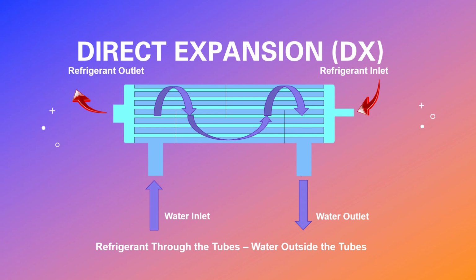The water, however, goes around the outside of the tubes, and because of baffles inside the evaporator, the water gets diverted and therefore becomes more efficient. And just to reiterate, the refrigerant is going through the tubes and the water is outside the tubes.